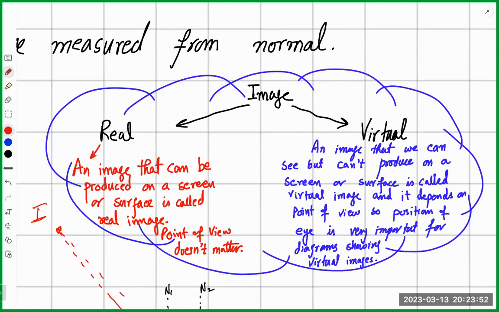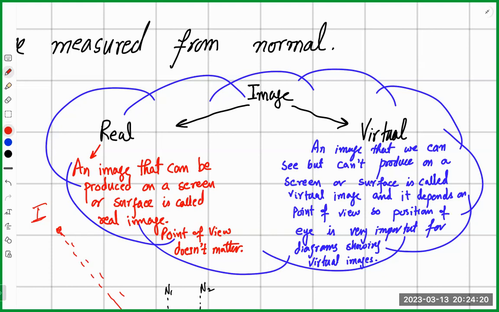These kinds of images always require the position of the eye to show the position of the image, because the image will change with the position of the viewer or eye. So virtual images depend on the point of view. Number two, virtual images cannot be produced on a screen.